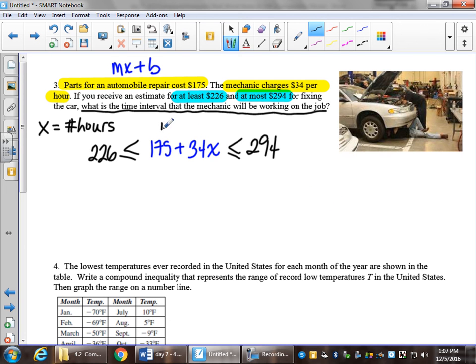So here we have an expression for the total cost, $175 for parts, $34 per hour. Your estimate is between $226 and $294, and now you can solve. So please pause here and find the range for hours and write a sentence.